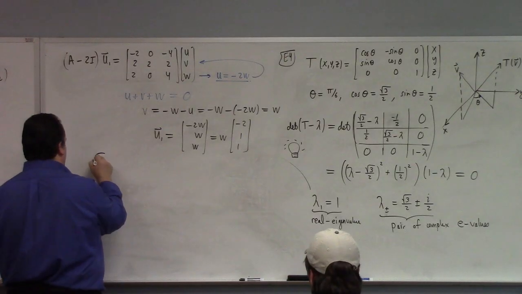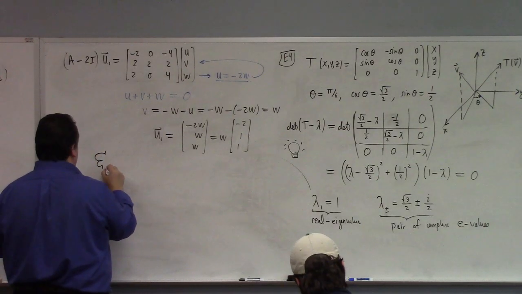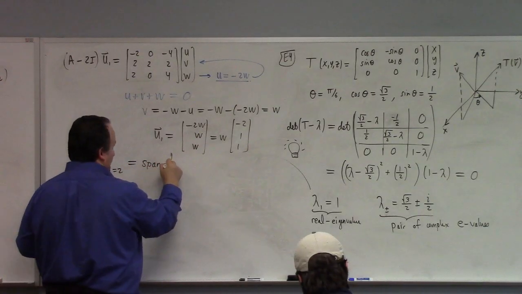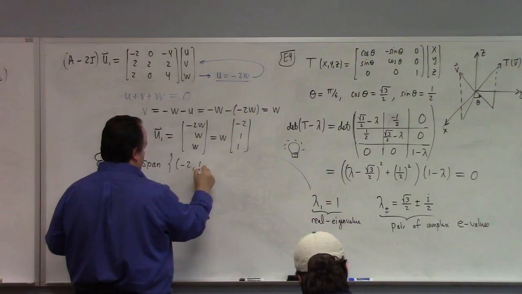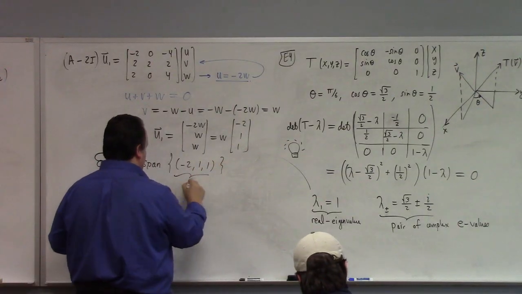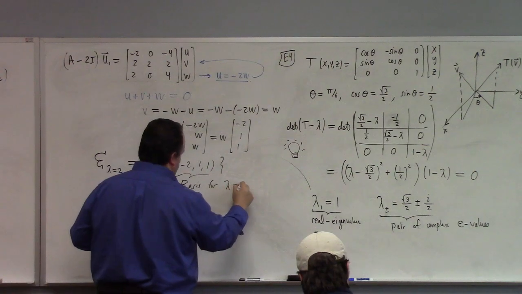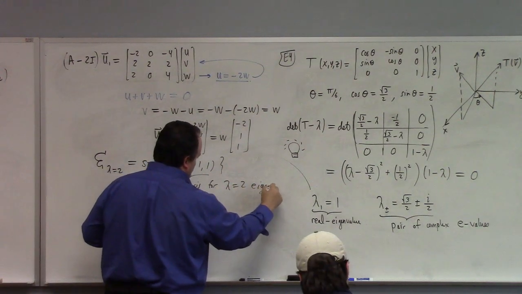So incidentally, the eigenspace with eigenvalue 2 is the span of minus 2, 1, 1. This is a basis for the lambda equals 2 eigenspace.